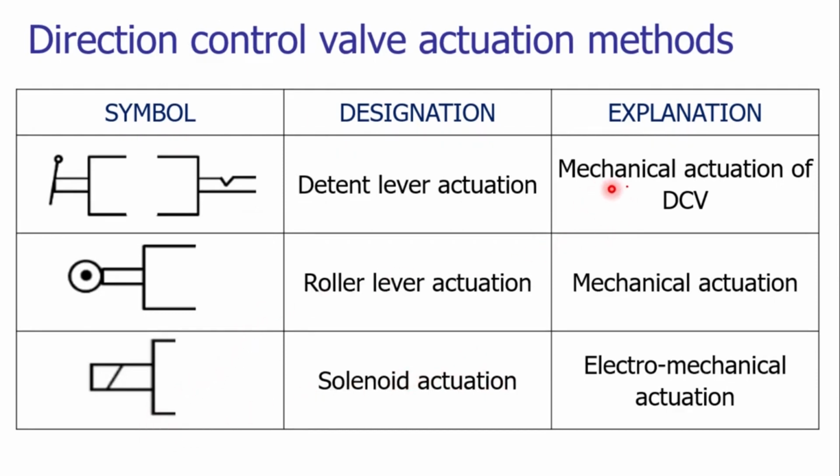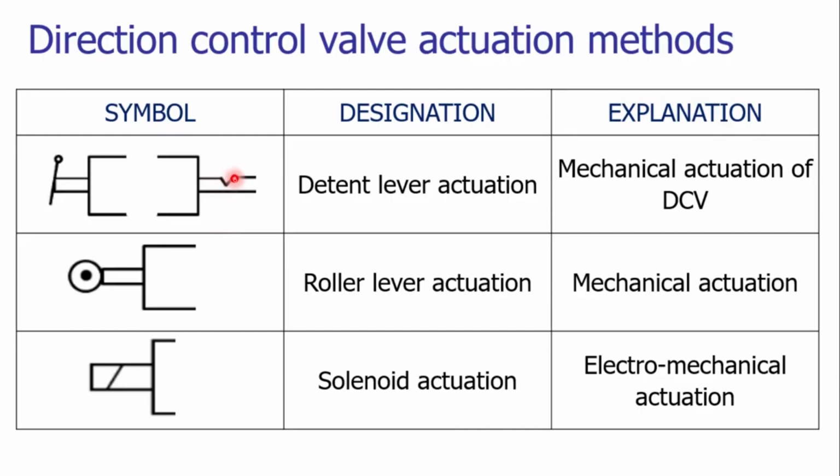The mechanical actuations can be represented like the detent lever actuation. So detent is the locking mechanism. By the detent we have the facility to hold the position of the valve.